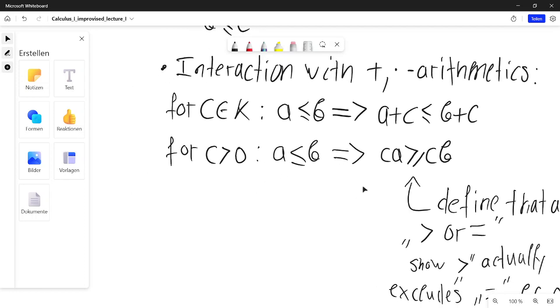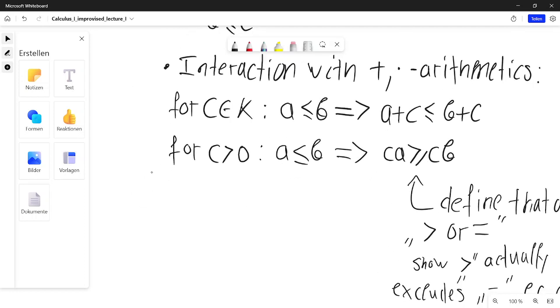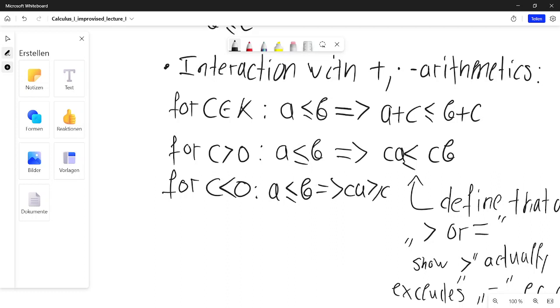Actually, is c bigger than 0? We don't have to. Oh no, I'm kind of messing it up for you. Okay, here we have CA bigger or equal CB.